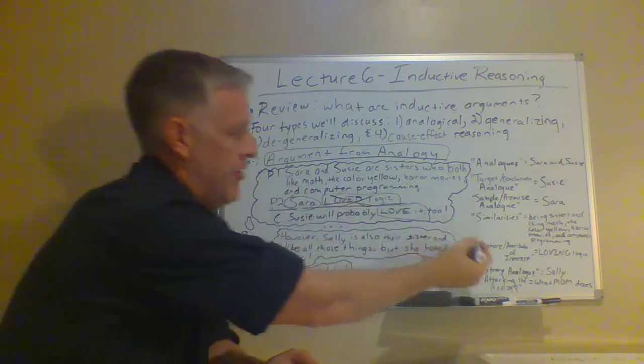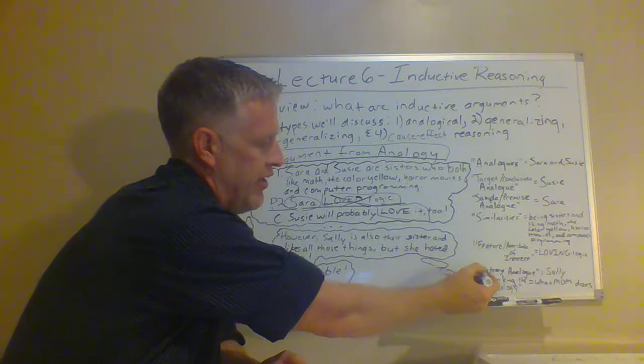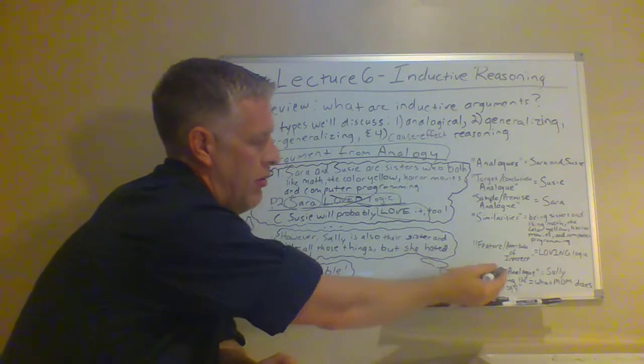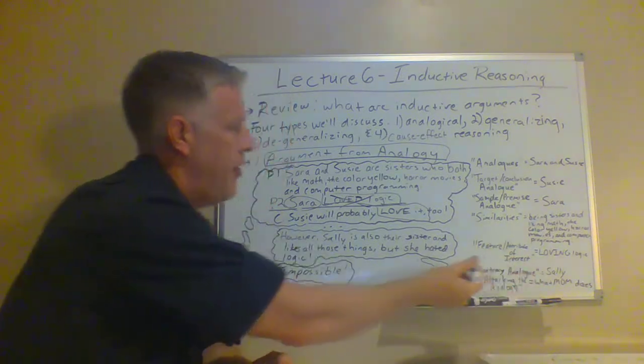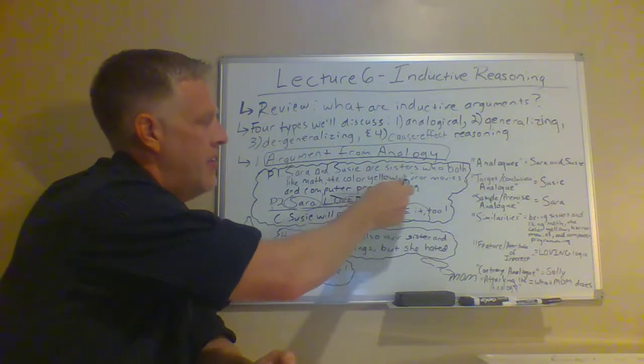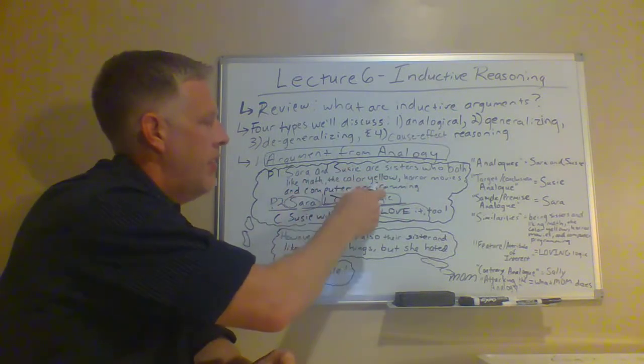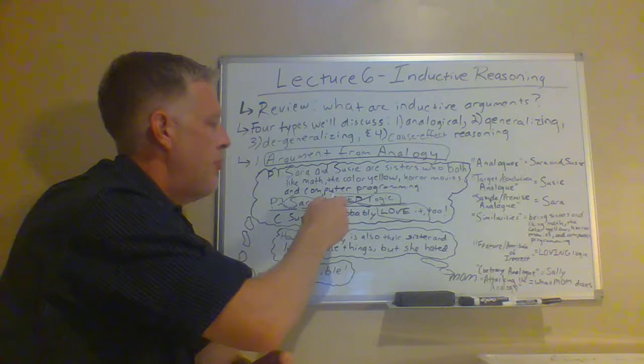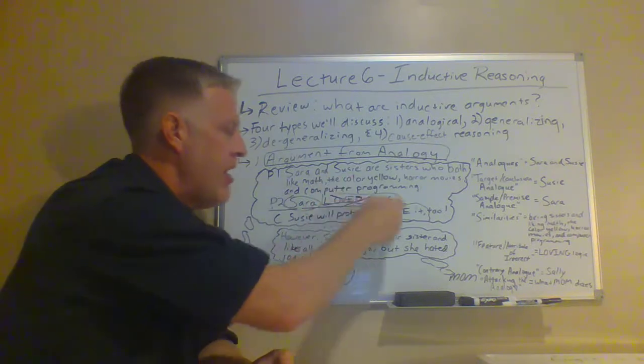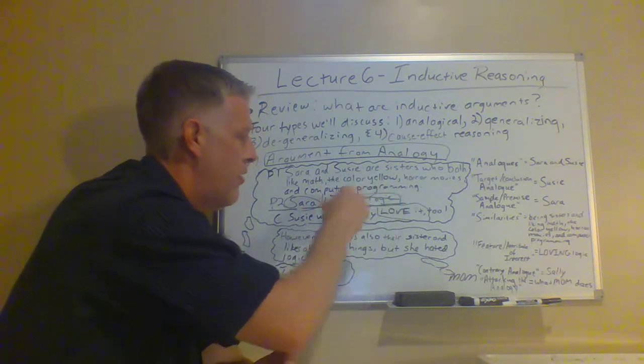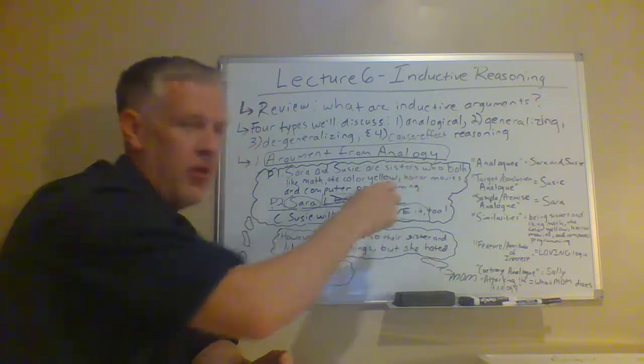The contrary analog in this case that Mom is astutely referencing is Sally, the third sister, who is their sister, likes math, likes the color yellow, likes horror movies, and likes computer programming, but took logic and hated it. So she did not have the feature or the attribute of interest and shared all those similarities.